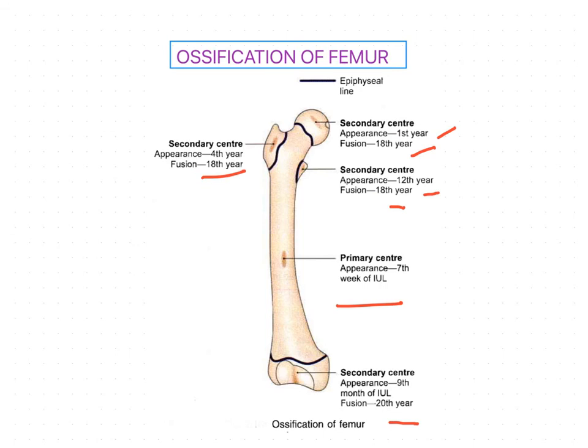So these are the ossification centers of the femur, and ossification of the lower end of the femur is of medicolegal importance. The lower end of the femur is the growing end of this bone. So these are all the attachments and ossification of the femur.